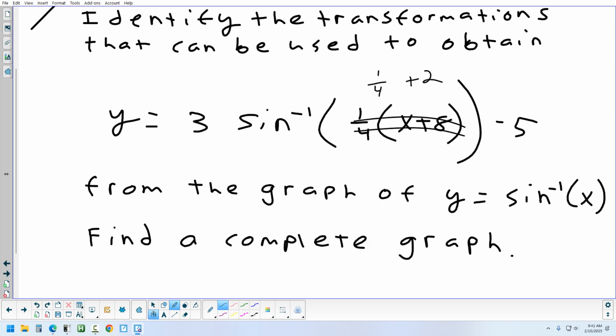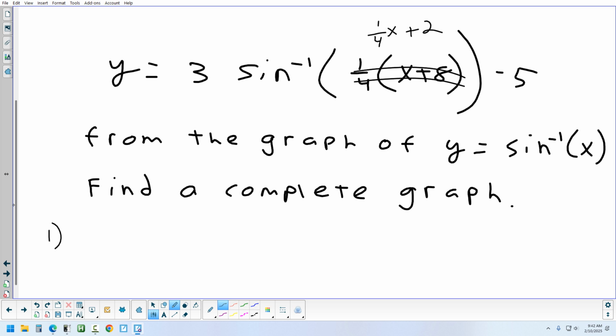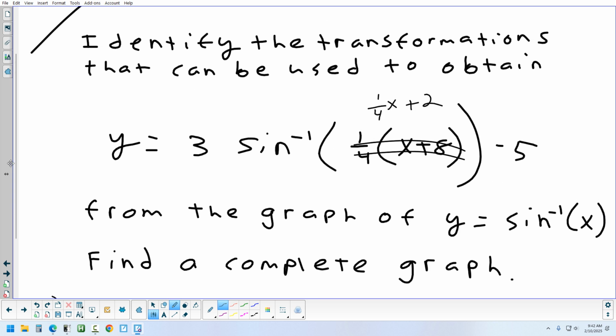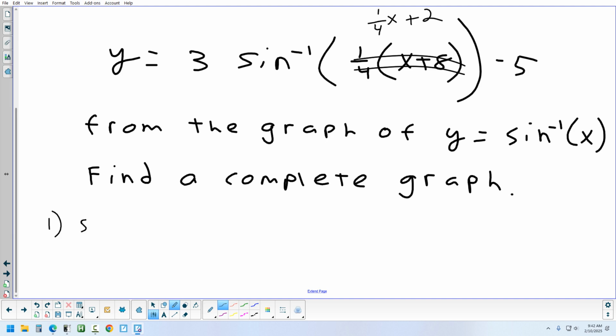Okay, so now how many transformations is it going to take to get this graph from the original inverse sine graph? 4 transformations. Yep. And we do have to put them in the right order. Okay. What's the first transformation? Shift left. Yep, we're going to shift left 2.